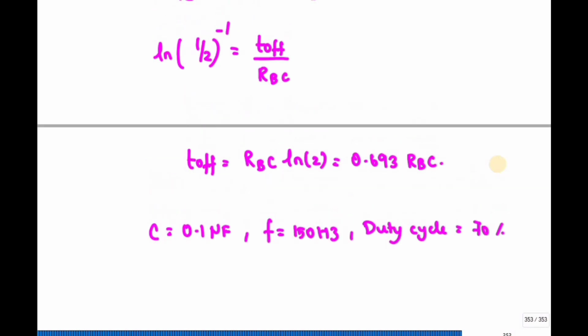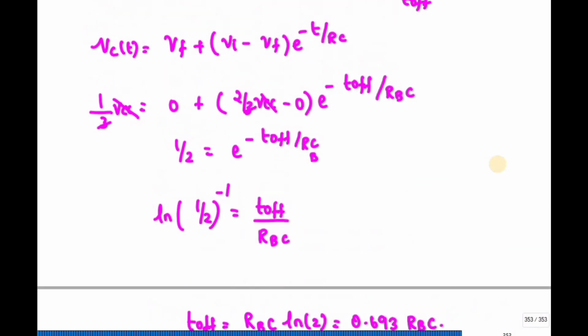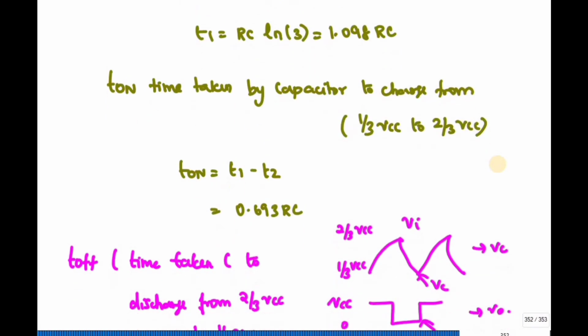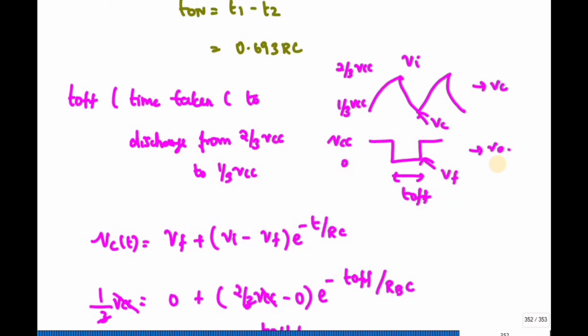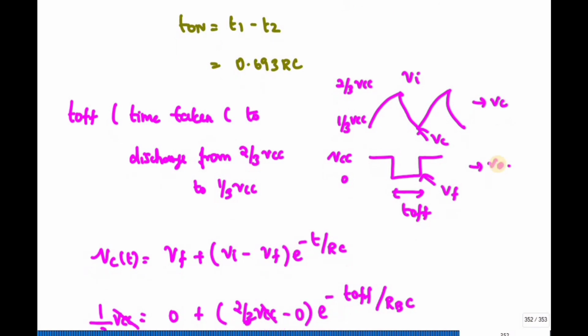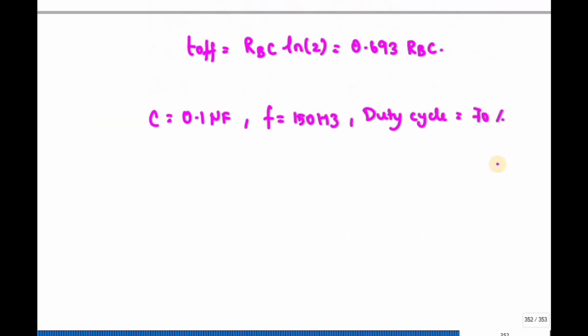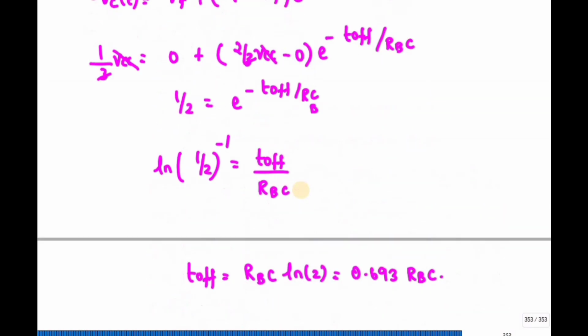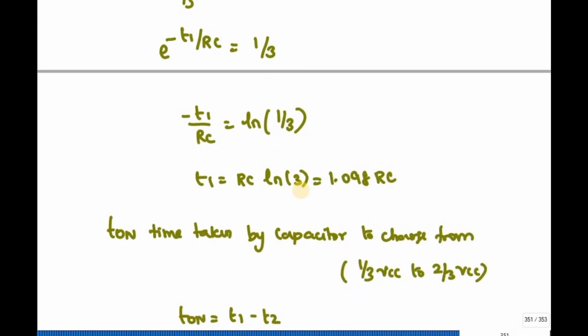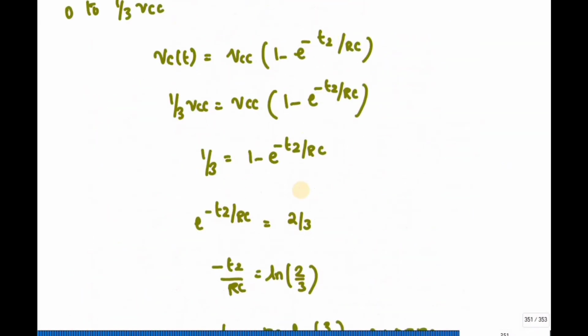Okay. So how to solve this one? So we know that T on. What is T on? T on is equal to 0.693 RA plus RB, right? T on divided by T on plus T off, that is nothing but 70 they have given.